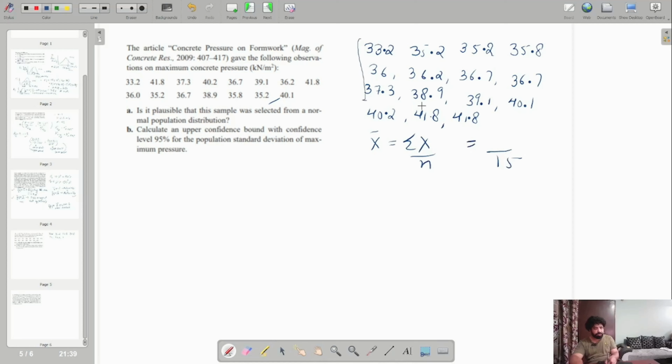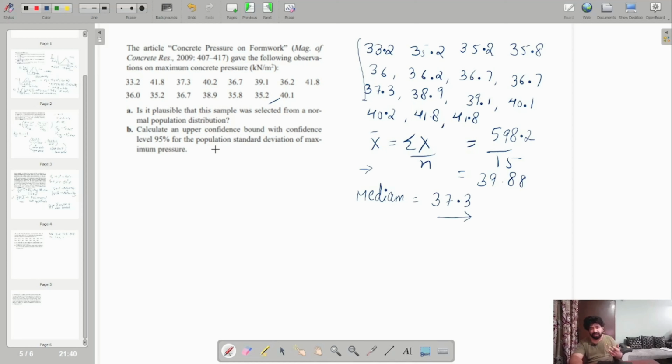So this is going to be 12 and this is going to be 3, so 15. And once I sum them up, they should come up to be somewhere around 598.2. So my sample mean will be approximately 39.88, and since n is coming out to be 15, the value for median will be, in this case, 37.3.